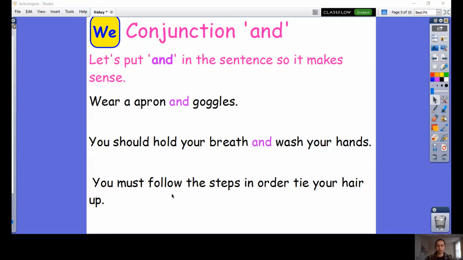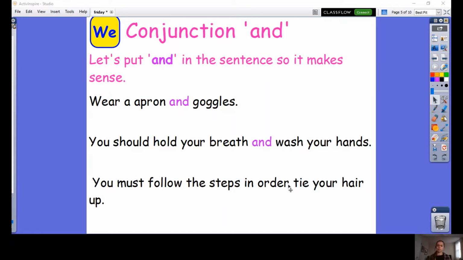Okay, you must follow the steps in order. That's my first key tip, following the steps in order. Tie your hair up. That's my other key tip. So I've got two key tips here, but I want them together in my sentence. So I need to add my conjunction "and" to put those two key tips together.